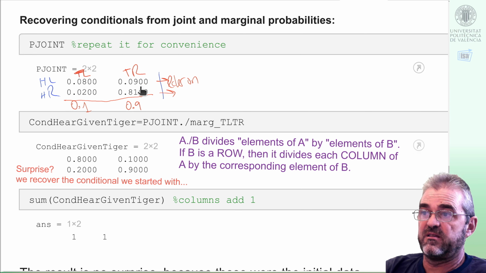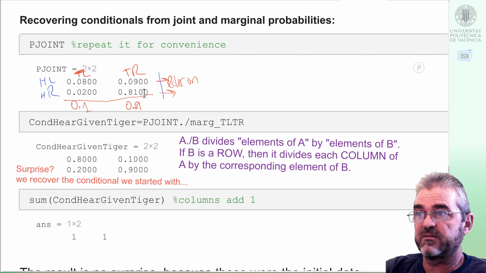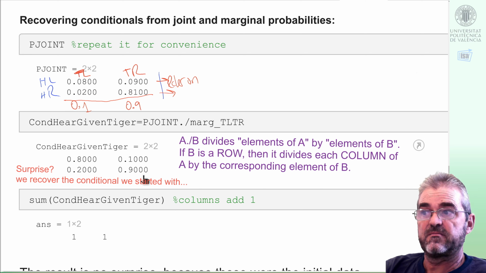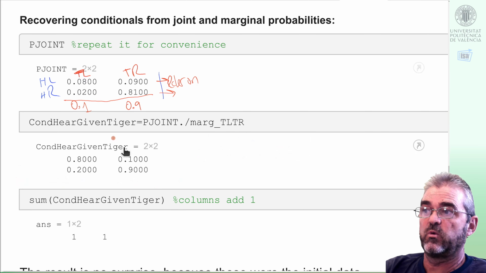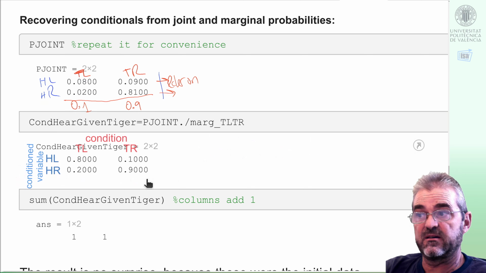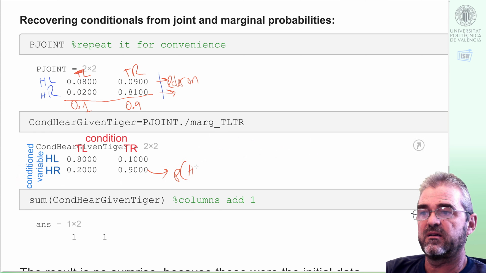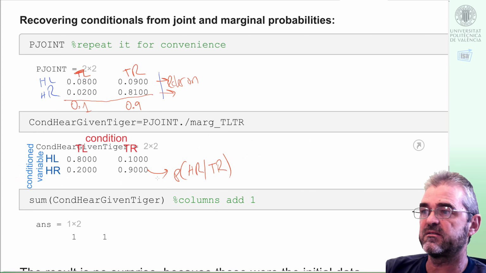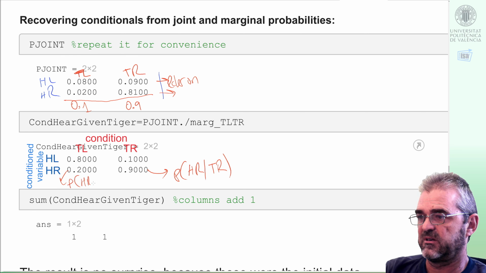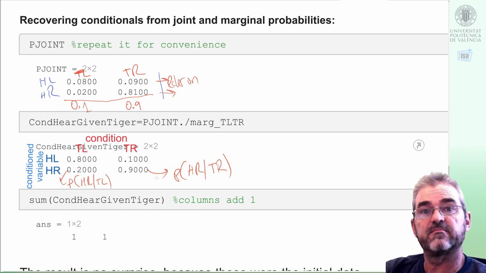And if I divide this column by 0.9, then I get 0.1, 0.9 as the conditional of what? Well, it's hear given Tiger, so this is the conditional hear right given that the Tiger is for sure at the right, this is hear right, Tiger left, etc.